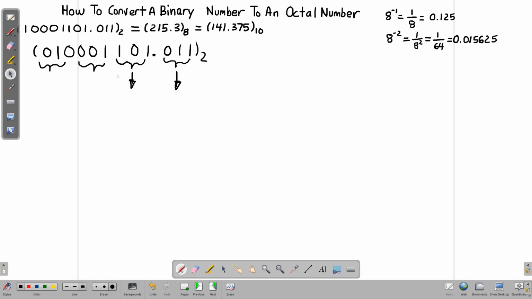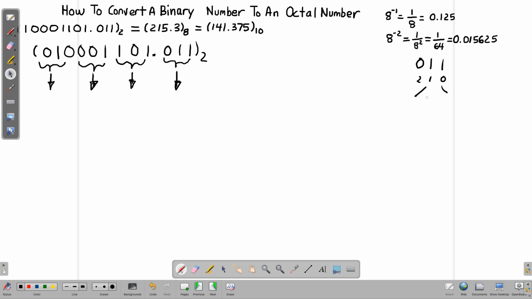We'll start off with the group to the right of the decimal point. Let's start with 0, 1, 1. This one is in the 0th position, the next one is in the first position, and the 0 is in the second position. We only care about the ones that are turned on, which are these two.